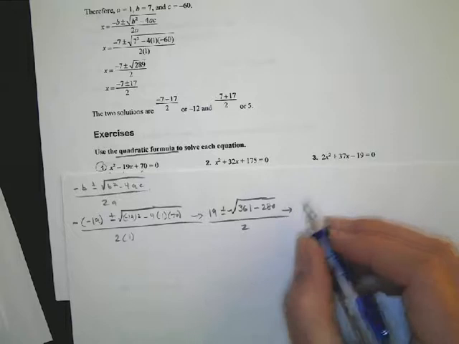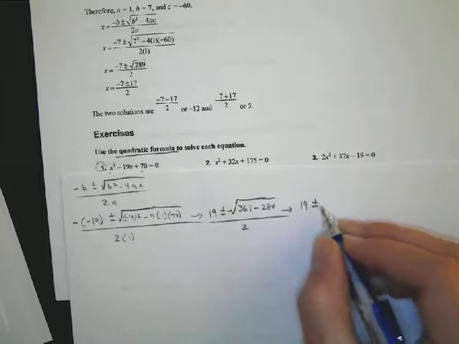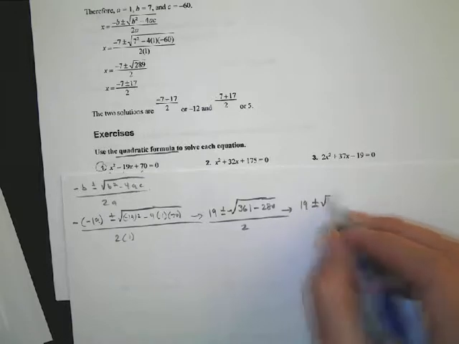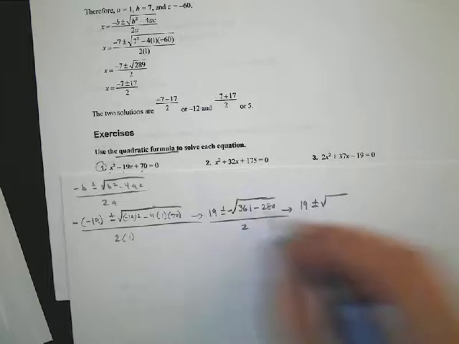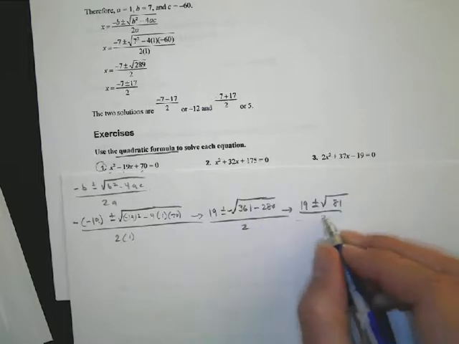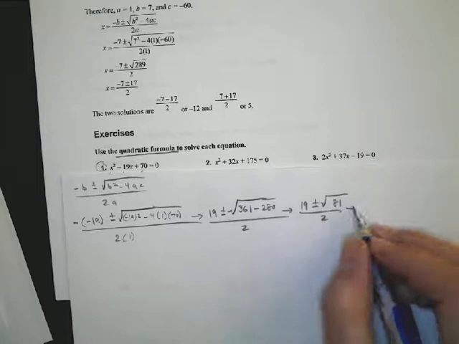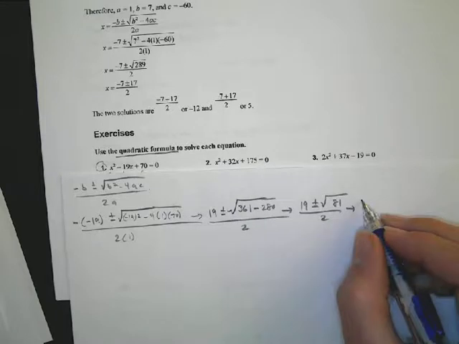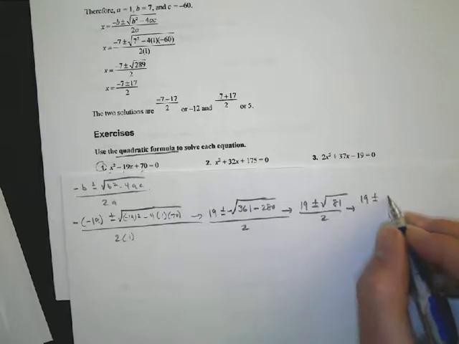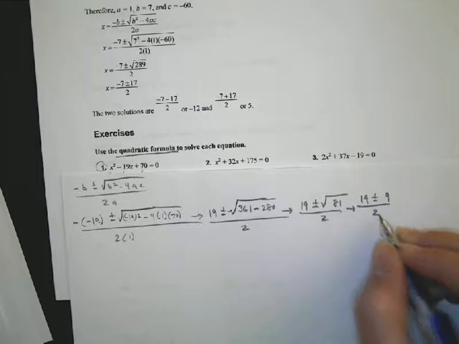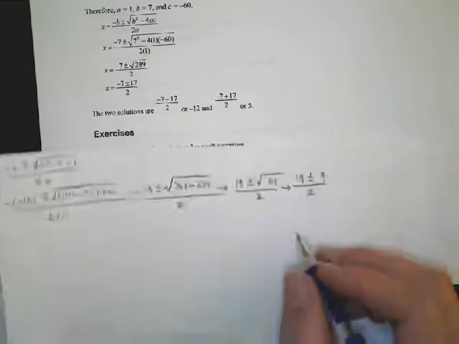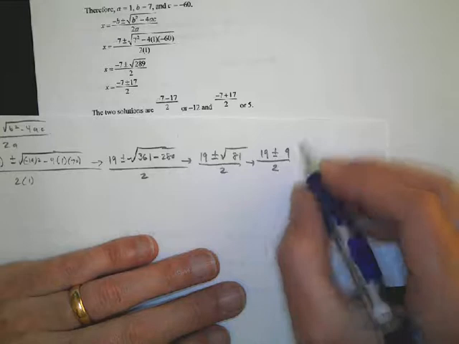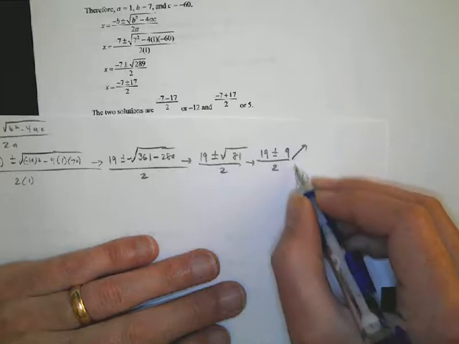So keep on moving down. We have 19 plus or minus the square root of, and 361 minus 280 is actually 81 over 2. And I can find the square root of 81, which is 9, so 19 plus or minus 9 over 2. And at this point, just kind of some more math, I can break this into two parts, right?